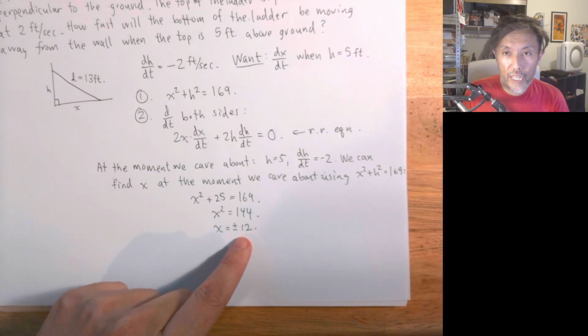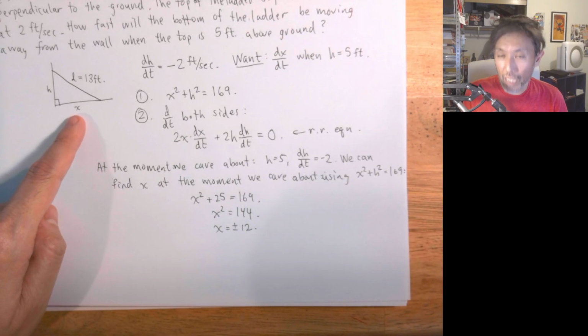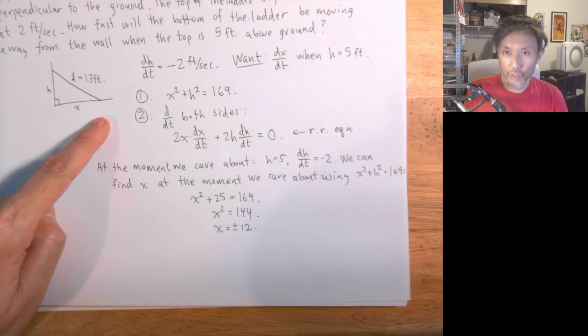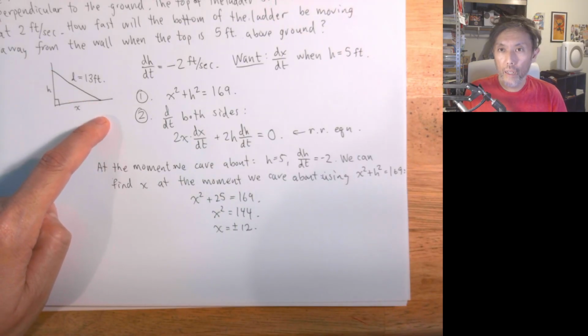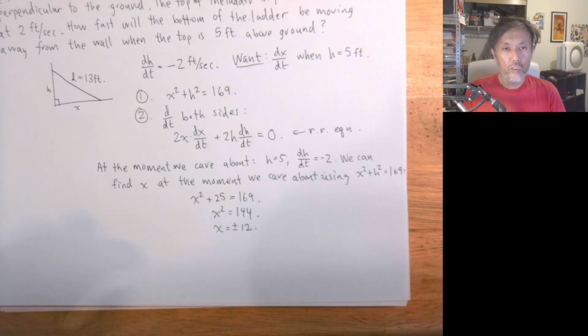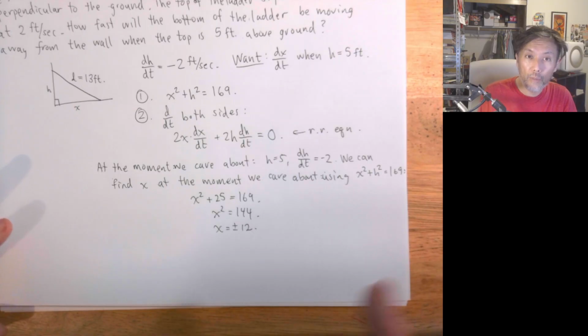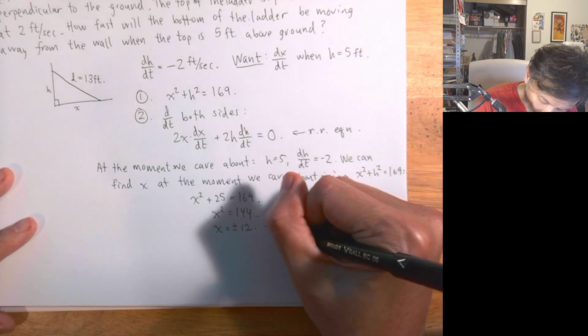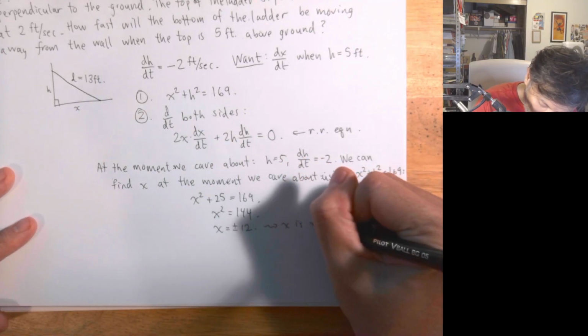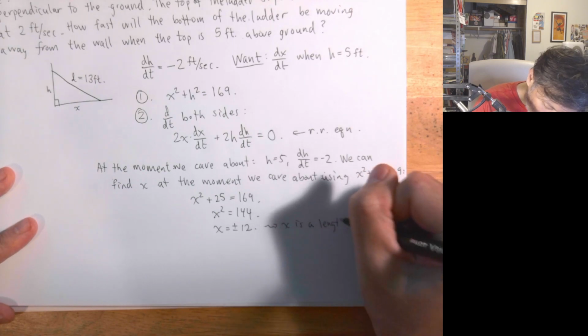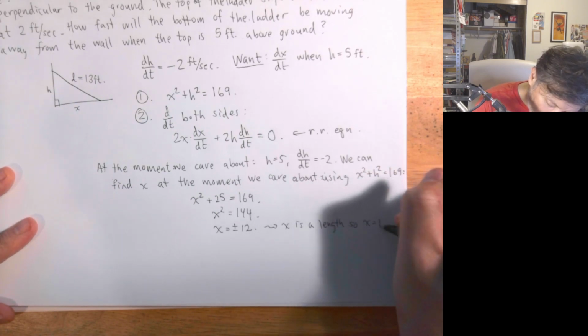We can ignore the -12 because x, after all, is a length. It's a length between the bottom of the wall and the bottom of the ladder. So therefore, at the moment we care about, x is 12.